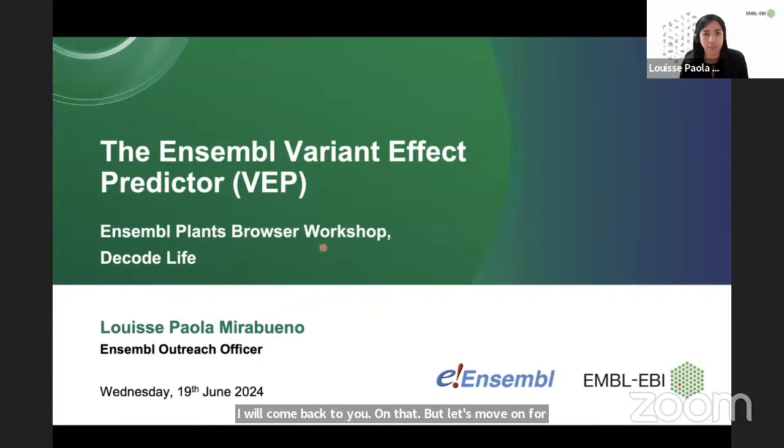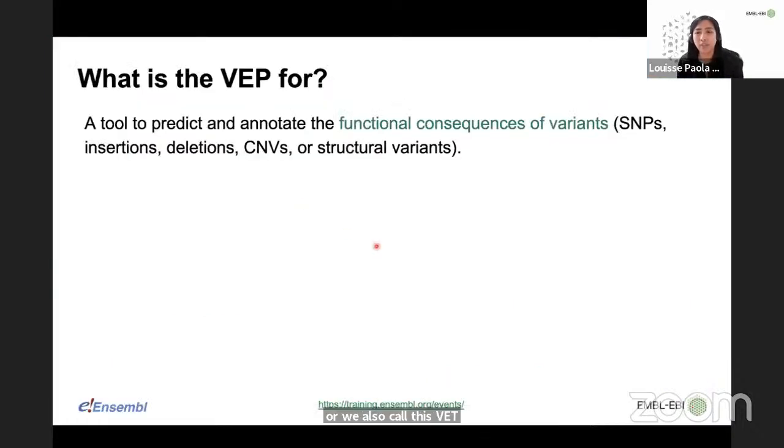We're going to talk about the variant effect predictor, or we also call this VEP. VEP is a tool that you can use to annotate and predict the functional consequences of your own variants. Let's say you just received your sequencing data and you've called your variants from the data, and now you want to find out more information, such as the consequences of the variants, how they affect any genes, and so on.